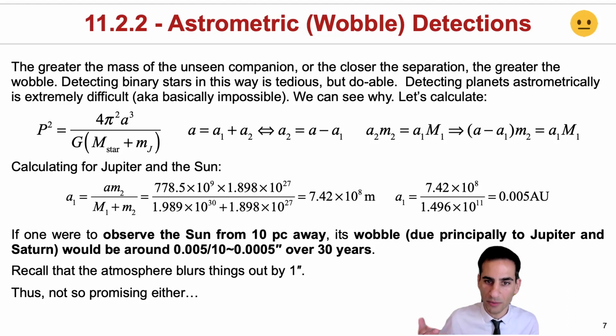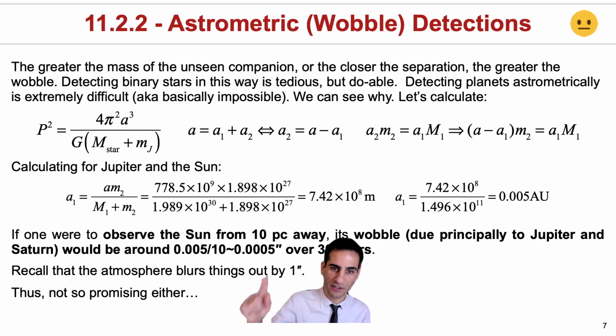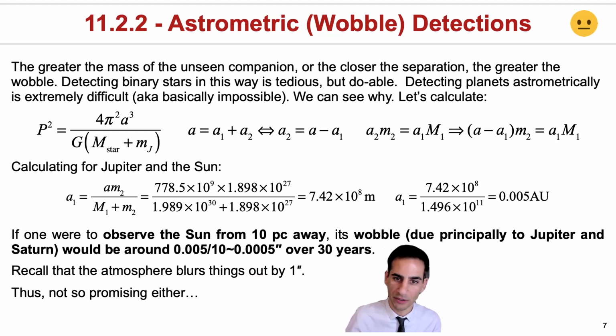If we want to observe its wobble, we would have to be sensitive to something like 0.0005 arcsecond in something like 30 years. And these 30 years would come from the fact that we would like to detect the combined effect of Saturn and Jupiter. Jupiter has a period of more like 15 to 16 years, but Saturn is more around 30 years. And we also would like to repeat the measurements.